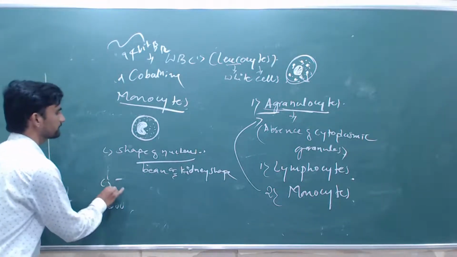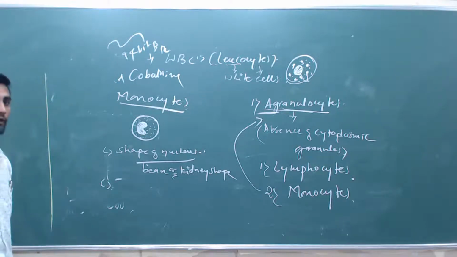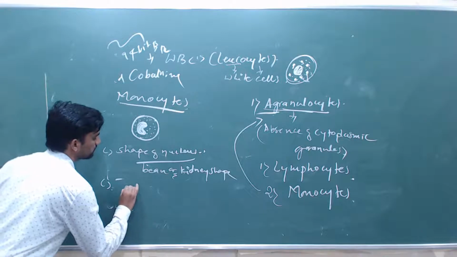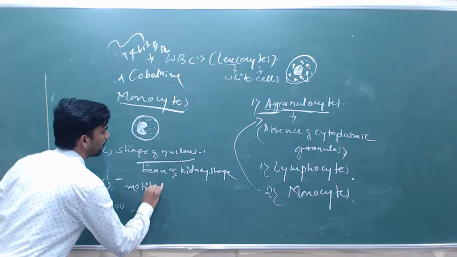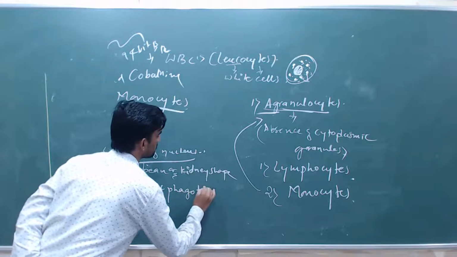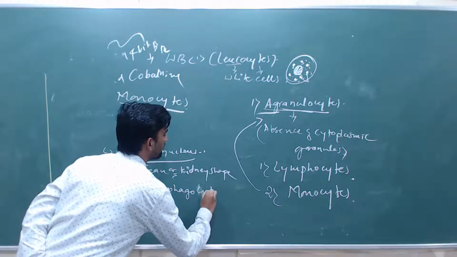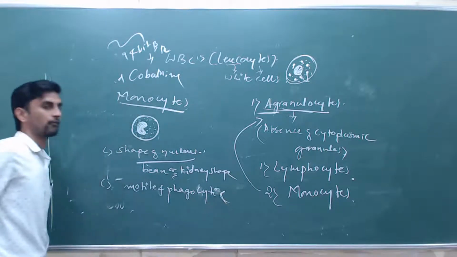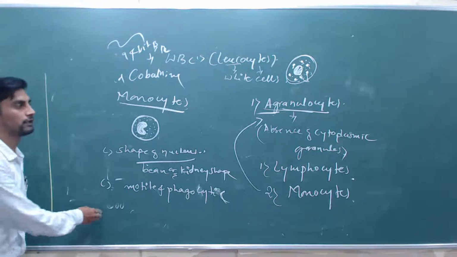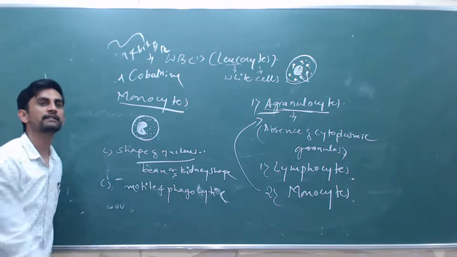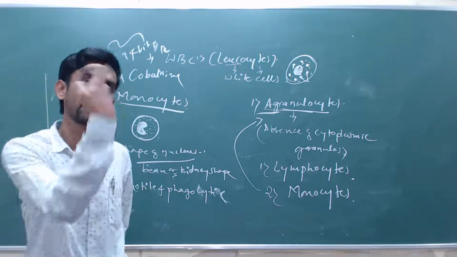And the second very important thing: these are motile and phagocytic in nature. What does it mean? Motile means they can move. I have already told you diapedesis is there; movement is there. Phagocytic means they have the ability to engulf.